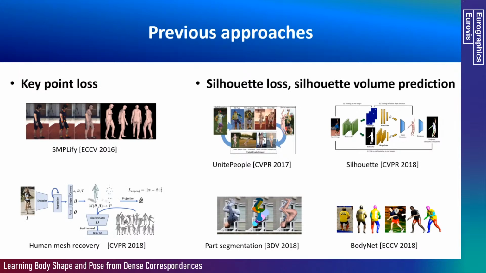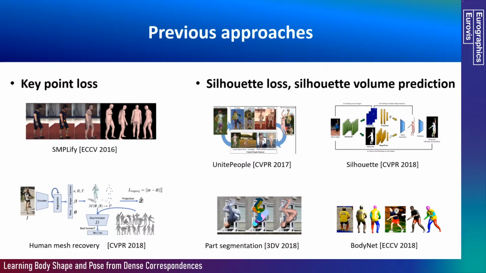Deep learning for estimating human body shape and pose started around 2016 and has become very popular in these two or three years. These approaches can be divided into roughly two groups. The first one uses 2D key points to estimate and learn 3D humans. SMPLify fits a human body model to 2D key points estimated using CNNs.